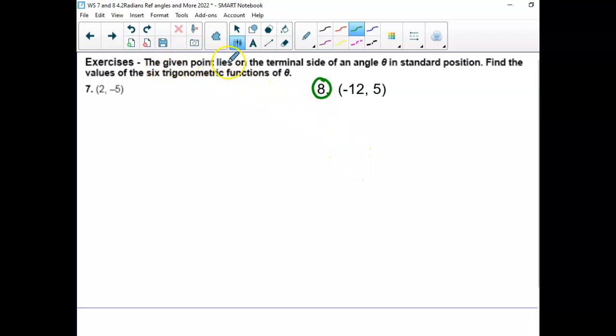It says the given point lies on the terminal side of an angle in standard position. This is number 8 at the bottom of what page, guys? What is it? Oh, it's number 11, but it's on 8A.